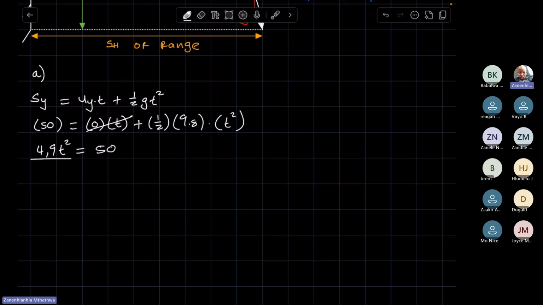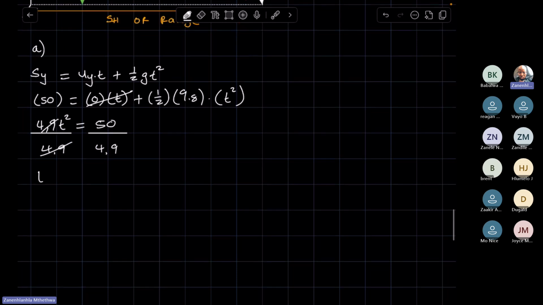And then you divide both sides by 4.9. That cancels. And T, remember we're looking for T, so you have to use the square root on both sides.